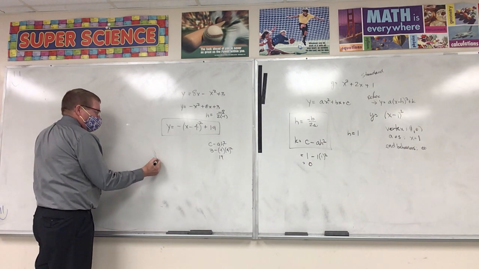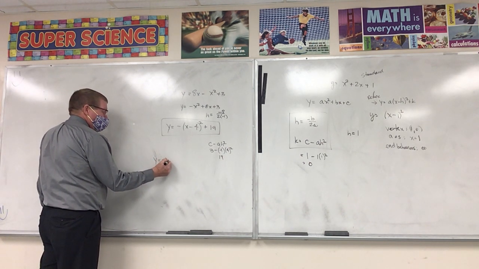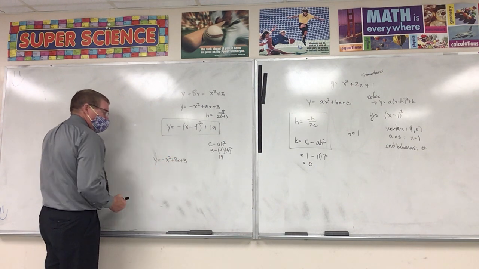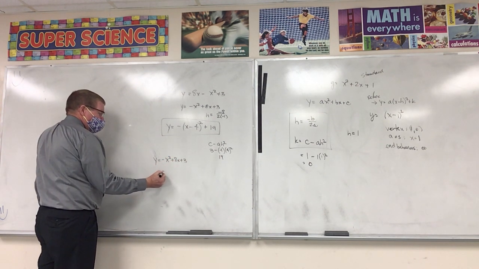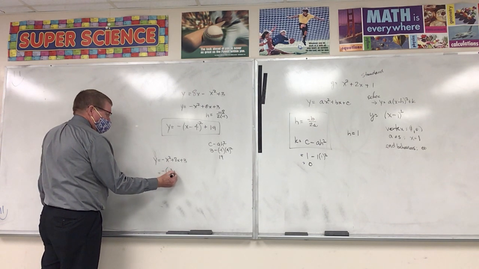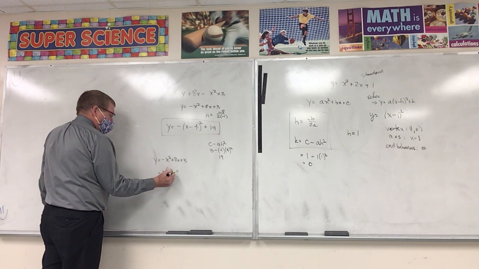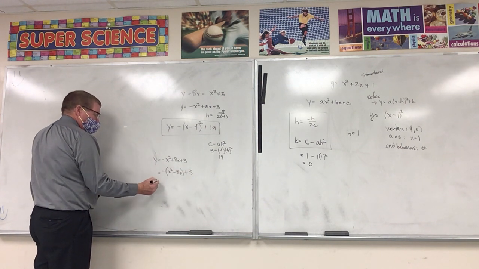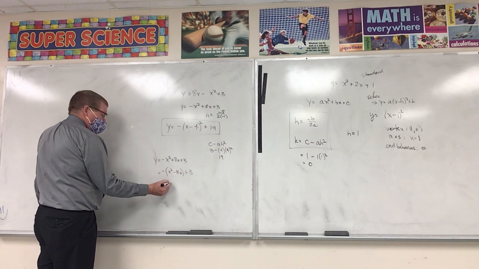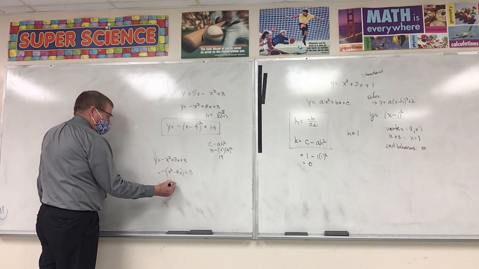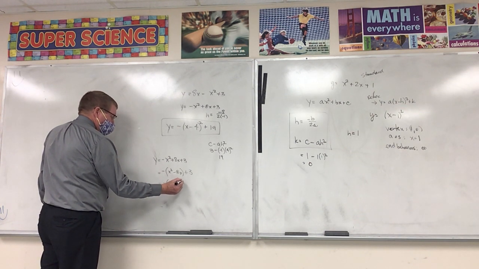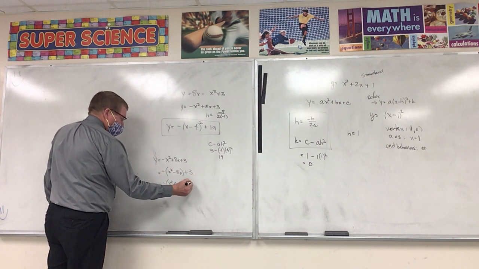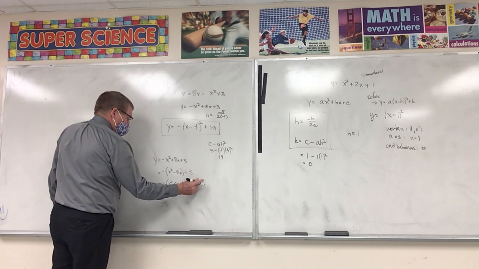So remember, if we did completing the square, let's review that just for a second. You don't have to do it that way, but I just want to show you that it does work the same. Take out the negative. We take the middle term, divide by 2, square it, and add.